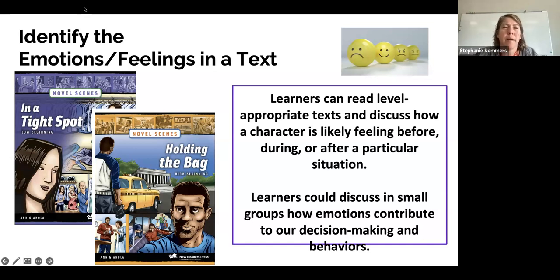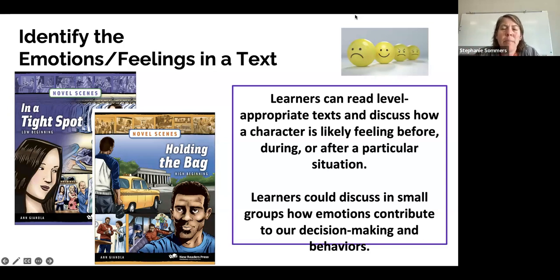And so I just grabbed a couple of my favorite ESL books. The Novel Scenes series. Have people looked at these before? I know they're not new, but these are sort of like soap opera-y text where one character has to go through a number of situations. The low beginning one has to do with a woman who works in a dry cleaners.